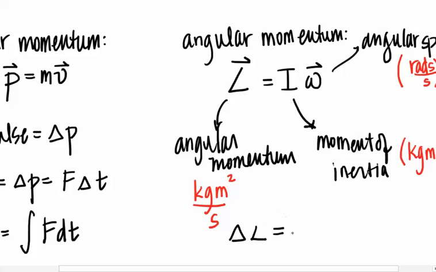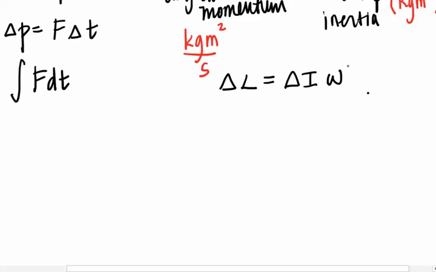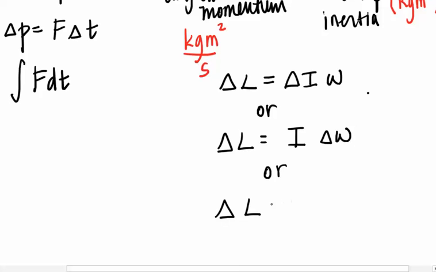We can have a change in the moment of inertia times omega, or we could have both or one. We have to have at least one, right? Maybe the moment of inertia stayed the same, but the angular speed changed. Or maybe both things change. We can have a change in angular momentum if we have a change in the moment of inertia and a change in the angular speed. Why not?